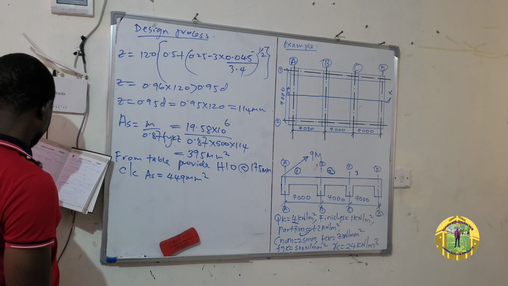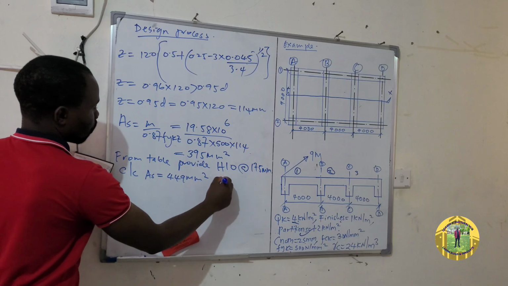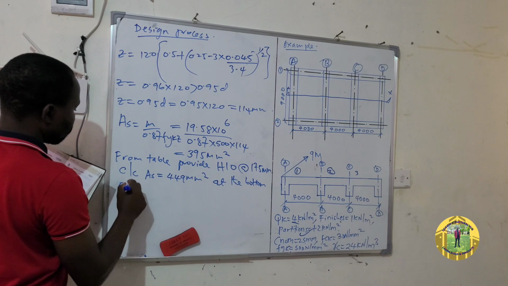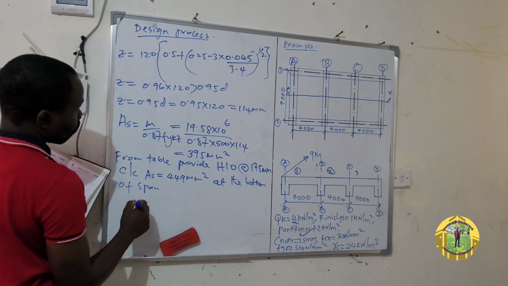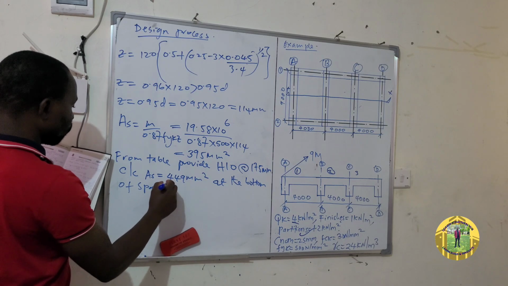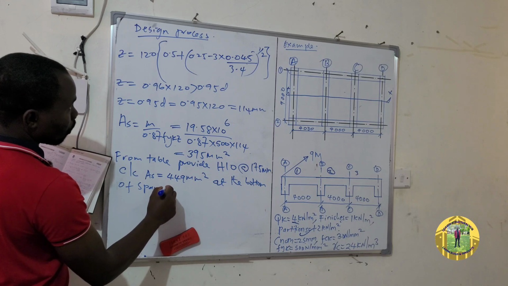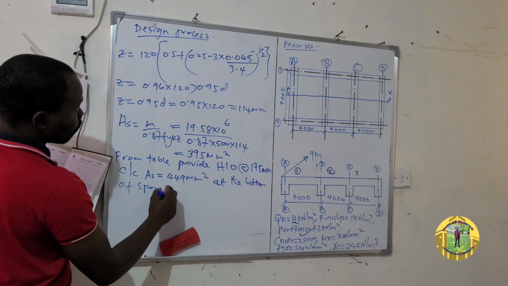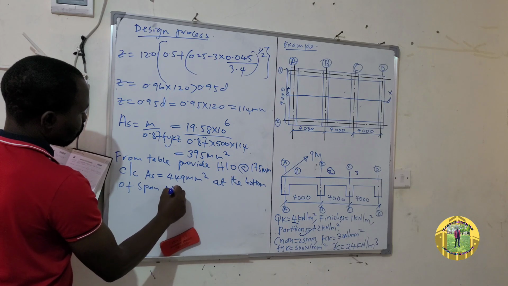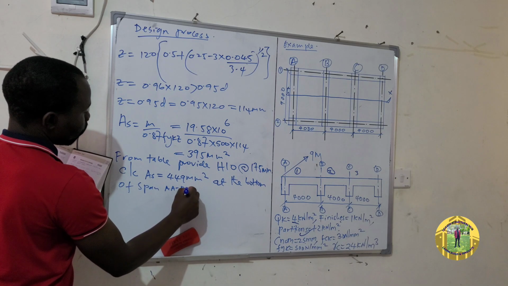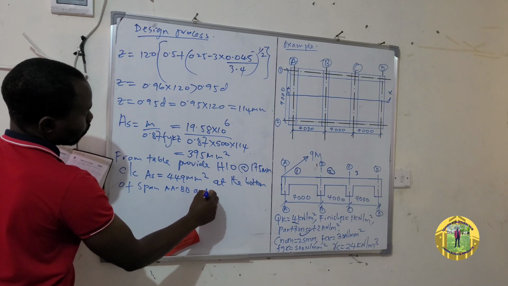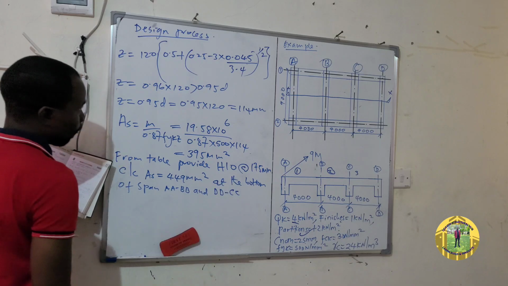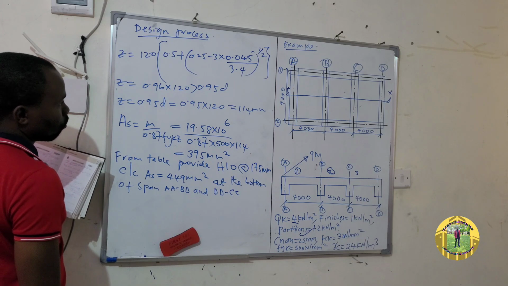At the bottom of the span AB, of span AA, BB, and DD, CC, because it has positive moments.